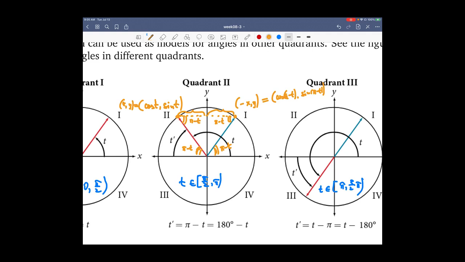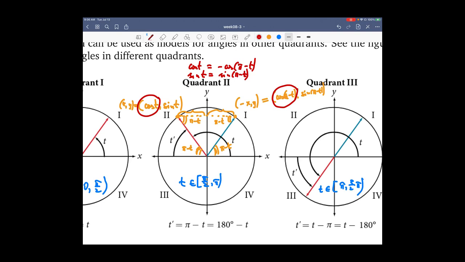And we get immediately from this that cosine t and cosine pi minus t are only different by a sign. You can ignore this if you don't know yet what sine and cosine are. We'll talk about this later. And that sine t equals sine of pi minus t. I'm just explaining why we need reference angles.